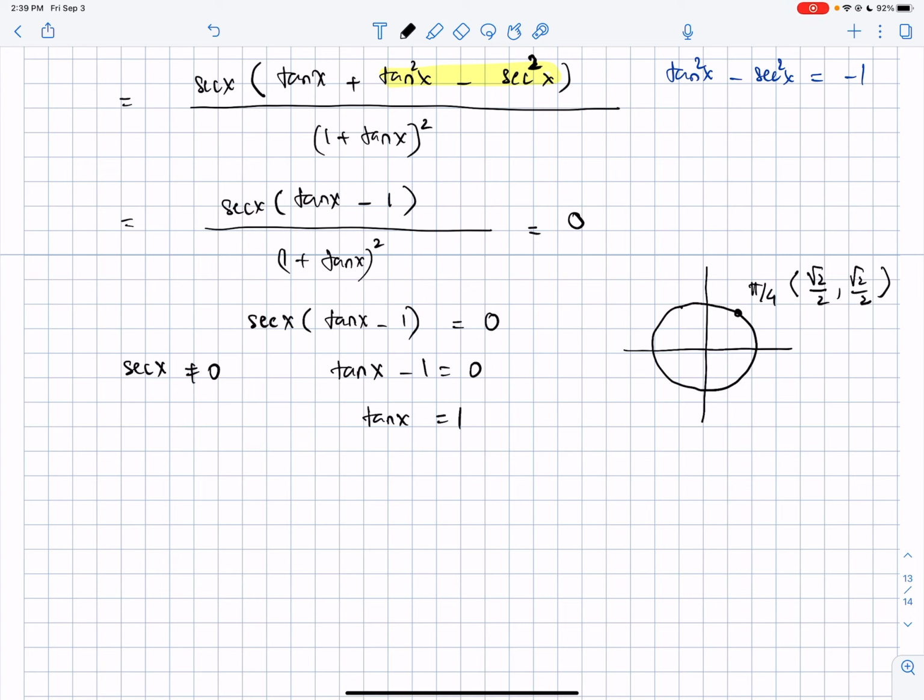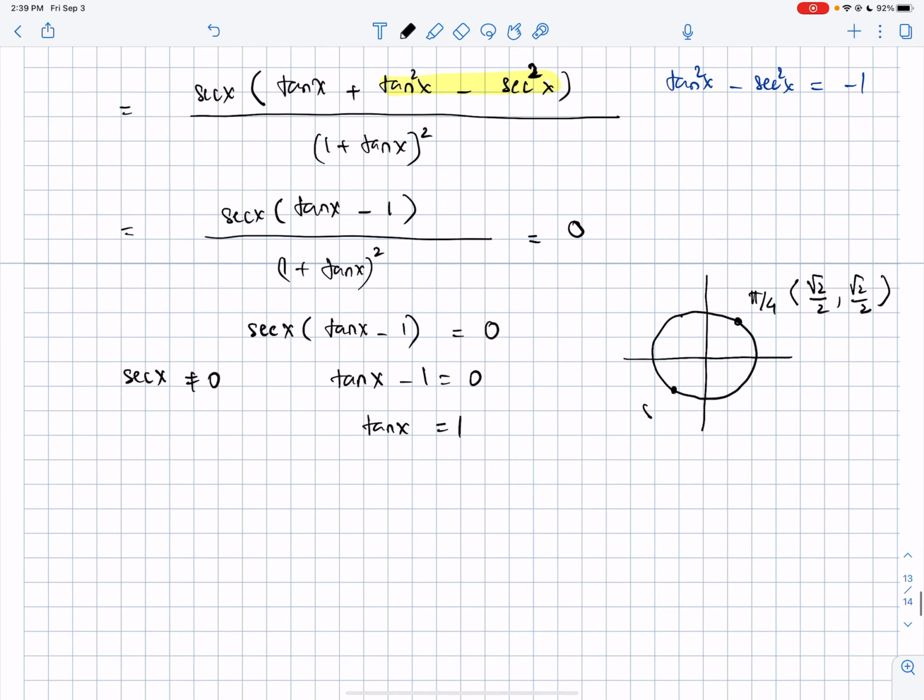And also we have another angle right here, which is 5 pi over 4. This is also negative square root of 2 over 2, negative square root of 2 over 2. The tangent also gives 1.